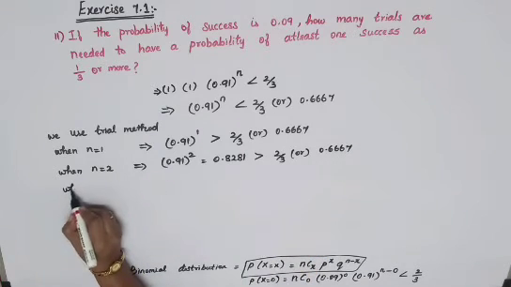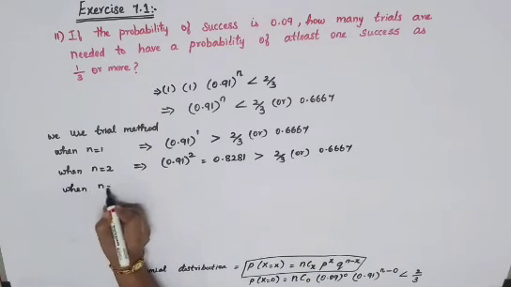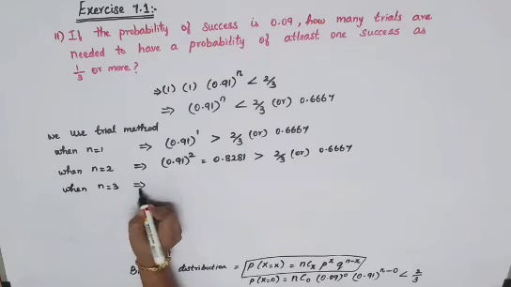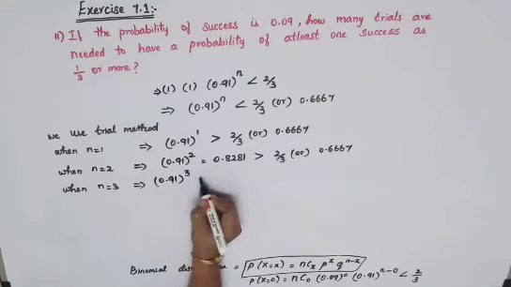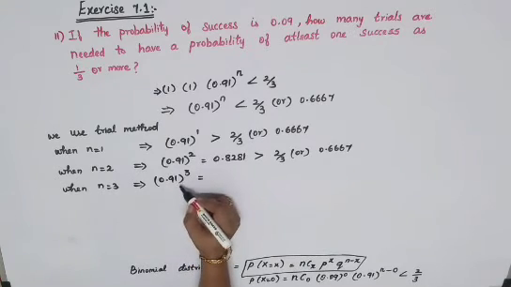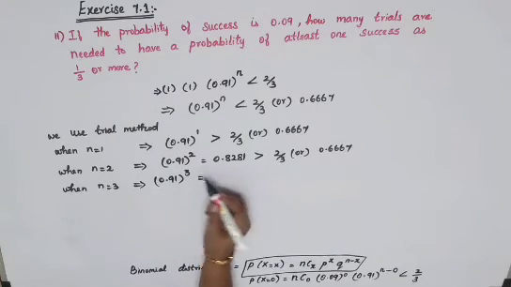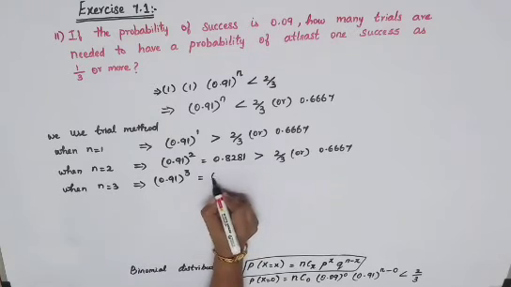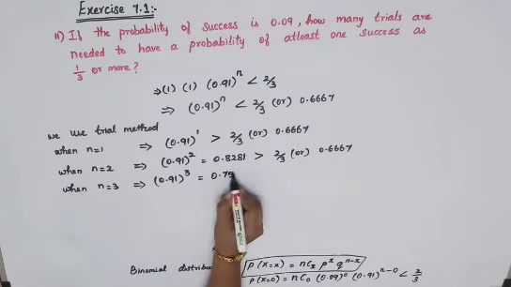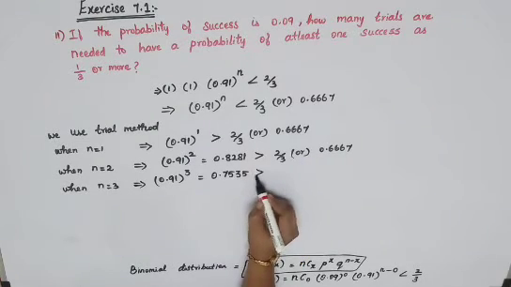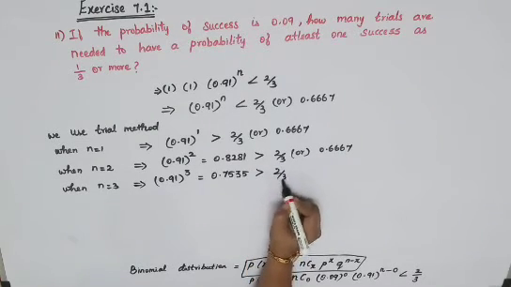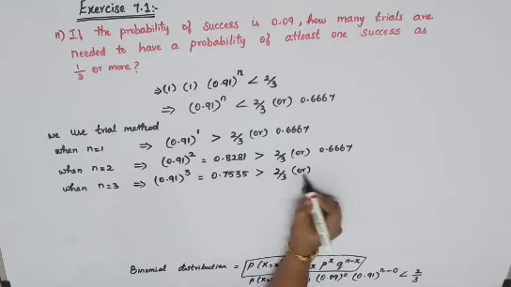Next, when n is equal to 3, that implies 0.91 the whole cube, which is 0.91 multiplied 3 times. You'll get your answer as 0.7535. Again you can see it is greater than 2/3 or 0.6667.